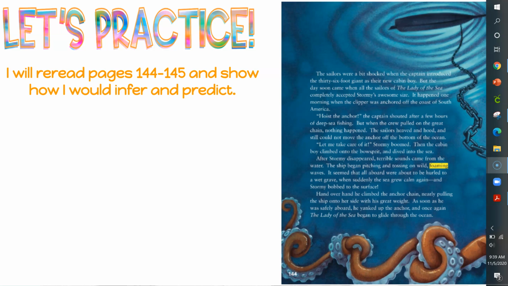It seemed that all aboard were about to be hurled into a wet grave when suddenly the sea grew calm again, and Stormy bobbed to the surface. Hand over hand, he climbed the anchor chain, nearly pulling the ship onto her side with his great weight. As soon as he was safely aboard, he yanked up the anchor, and once again the Lady of the Sea began to glide through the ocean.